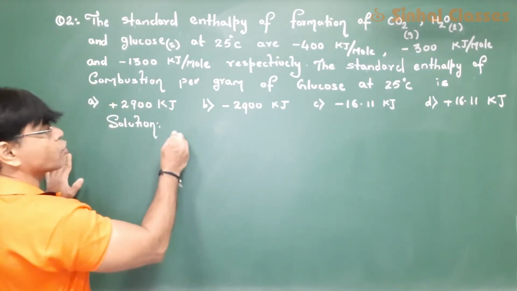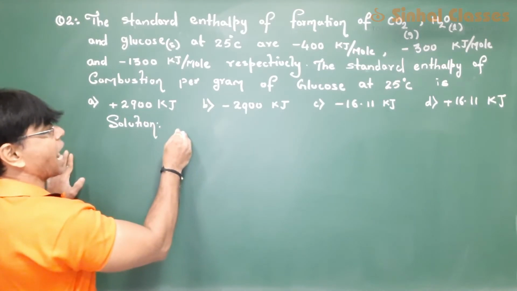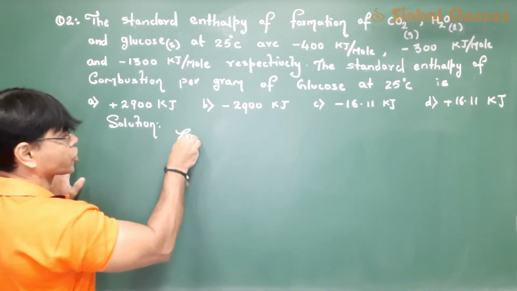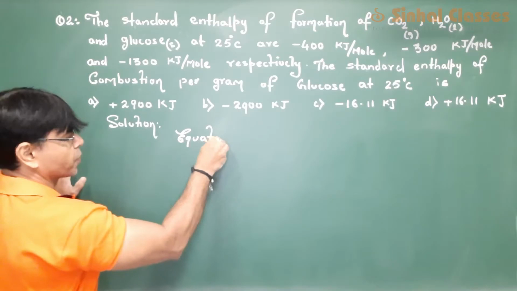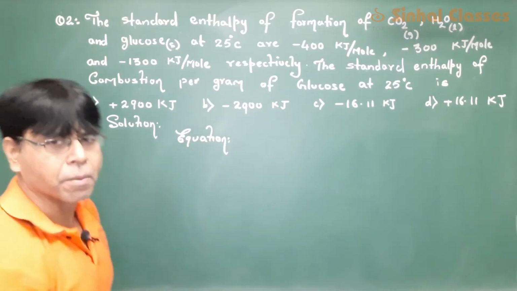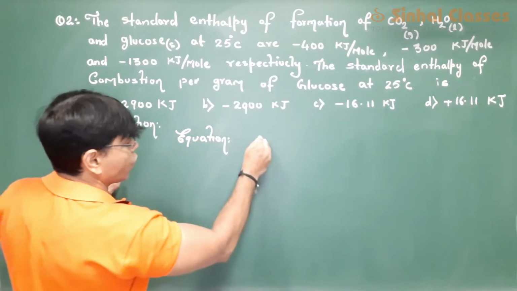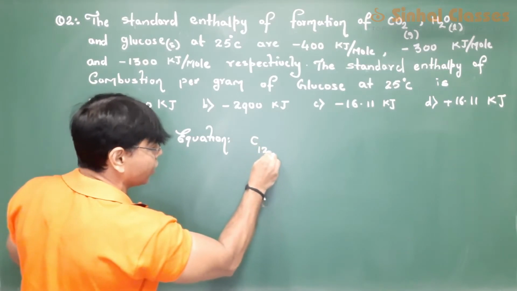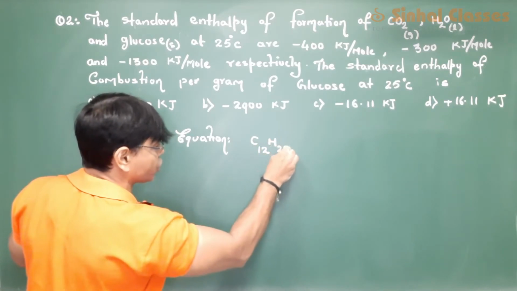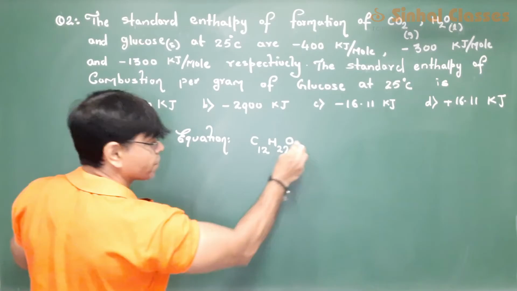Okay, so first we write the equation for combustion of glucose. Now we all know glucose is C12H22O11.